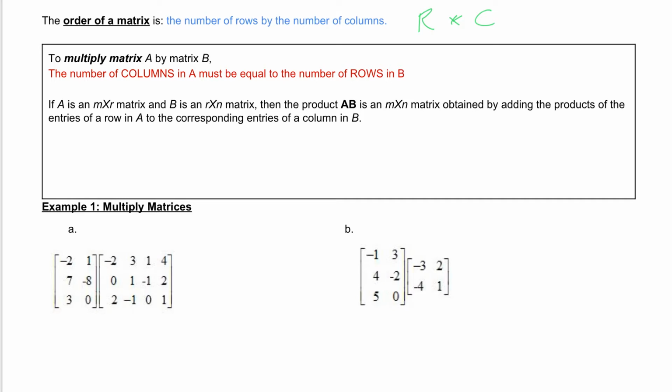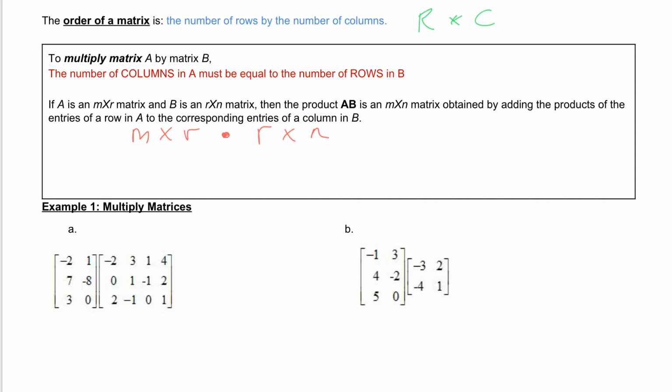If we have an M by R matrix and we are multiplying that by an R by N matrix, what has to be true is the number of columns in A, which is this one right here, has to be equal to the number of rows in B. So columns is second, rows is first.